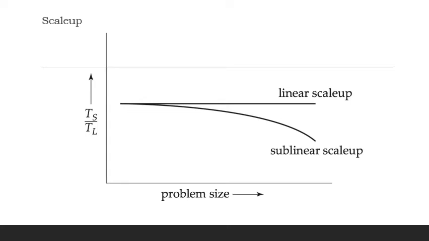The scale up is then defined as TS divided by TL. The parallel system ML is said to demonstrate linear scale up on a task Q if TL is equal to TS. If TL is greater than TS, the system is said to demonstrate sublinear scale up.